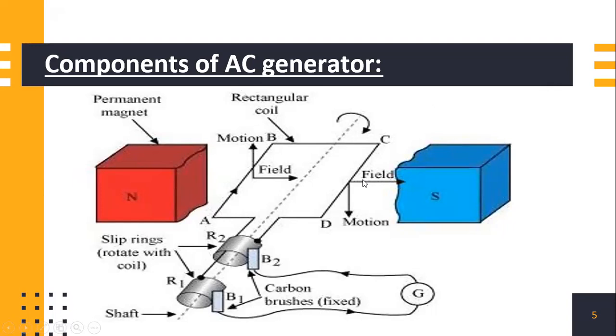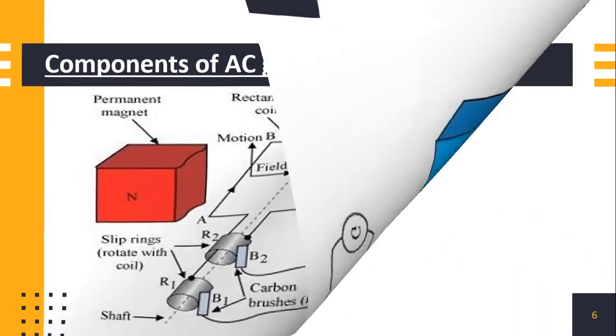If you keep your right hand this way, the magnetic field is north to south, and the coil rotates clockwise in this direction. These are the components of the AC generator.